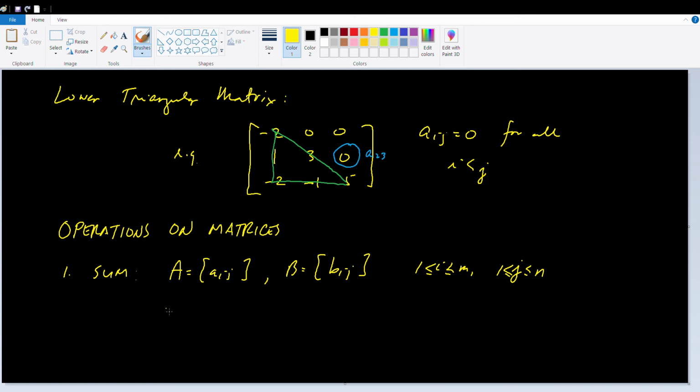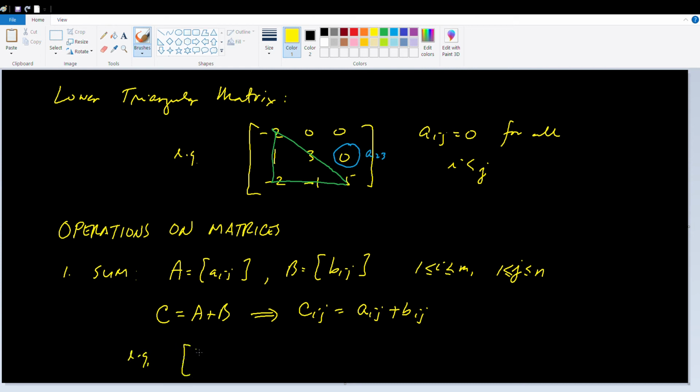So if C is the resulting matrix equal to the sum of A and B, that means that Cij, or the elements of C, are equal to Aij plus Bij. What we do is we simply add corresponding elements.